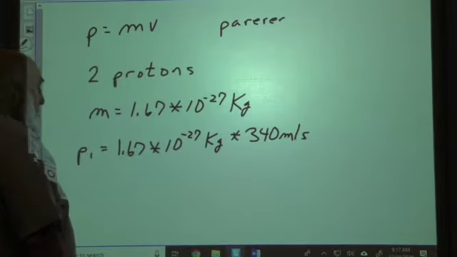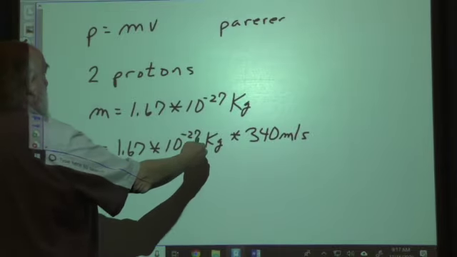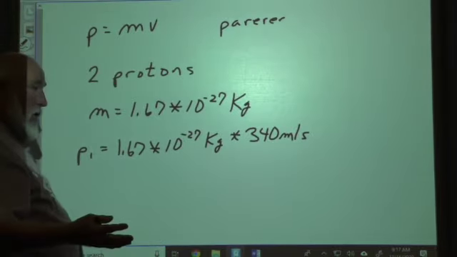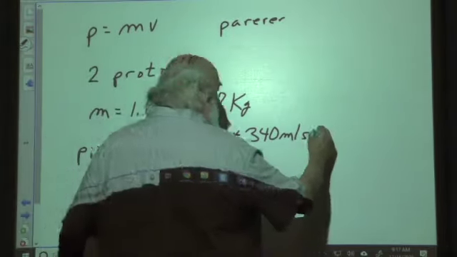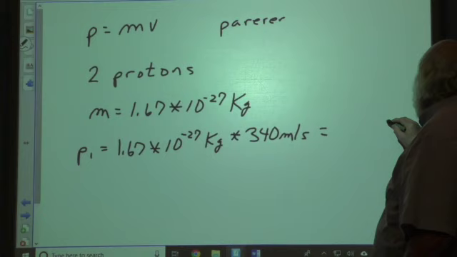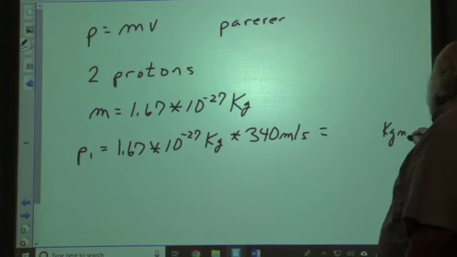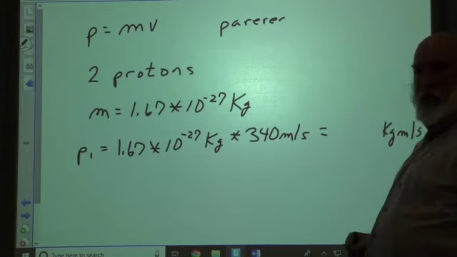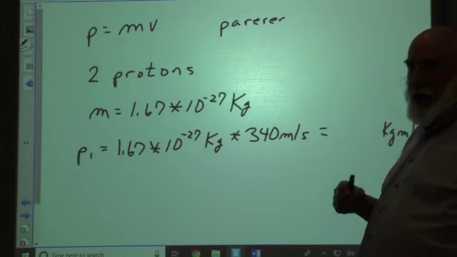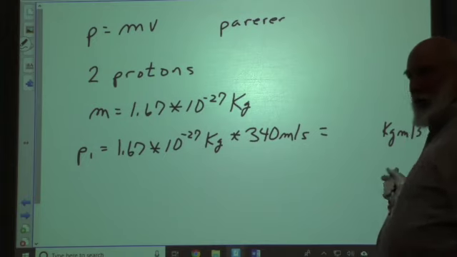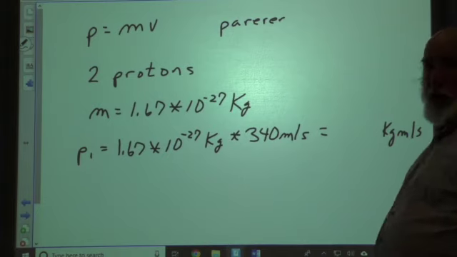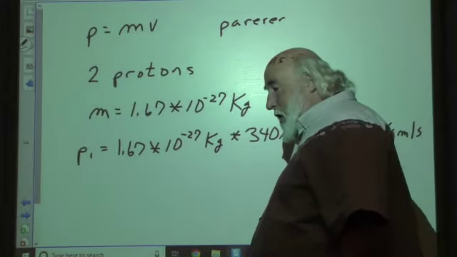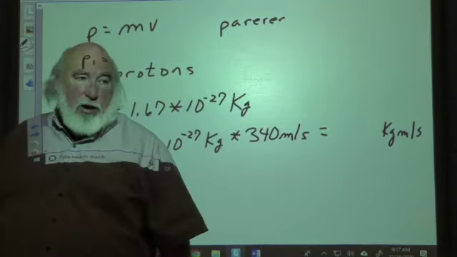As you can see, if you multiply these two together, you're going to get a value for the momentum. And the label for that is kilogram meters per second. And boy, does that ever scream a need for some scientist name to replace this semi-clunky label. But no, there is no label for that outside of just kilogram meters per second. So that's what we're going to use from here on in.